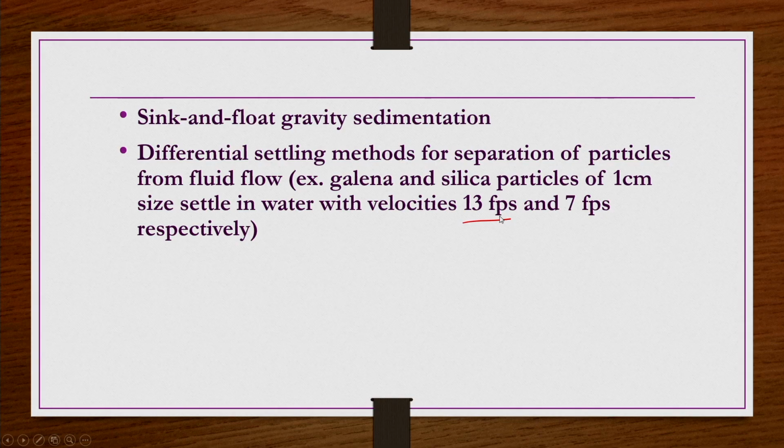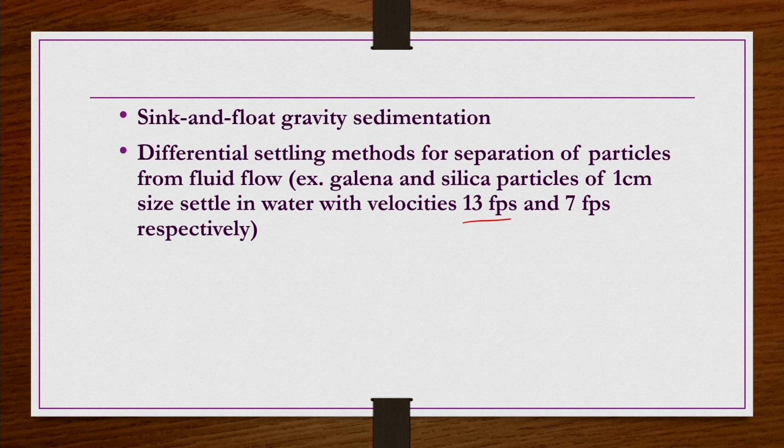So, what will happen? Though the particles are 1 centimeter in size, the PbS particles will settle faster. They will have a higher settling velocity, something like 13 foot per second, and they will settle at the bottom as an almost pure PbS fraction.